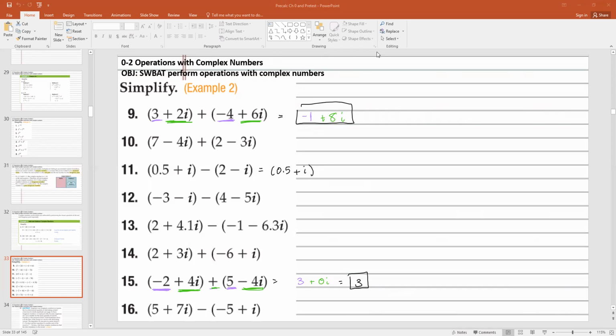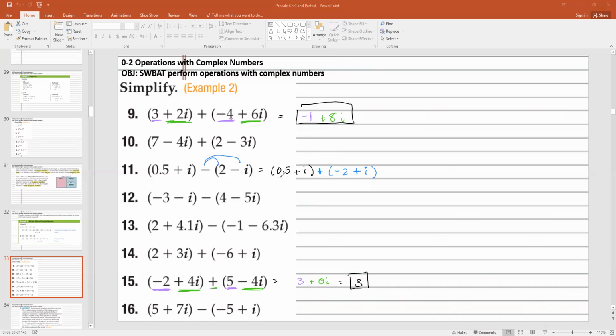We're going to distribute this negative to everything on the right side. So that becomes a negative. So that becomes a plus. And this is a negative 2, sorry, negative 2. And that becomes a plus i. So I just distributed the negative, so change the signs.